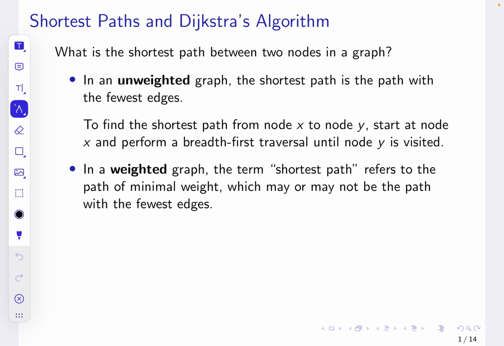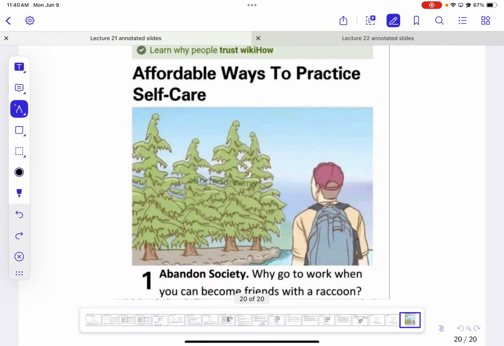If the graph is unweighted, then finding the shortest path is actually really simple. It's the path with the fewest edges. And to find the shortest path, you just need to start at a specific node and do a breadth first traversal until the second node is visited.